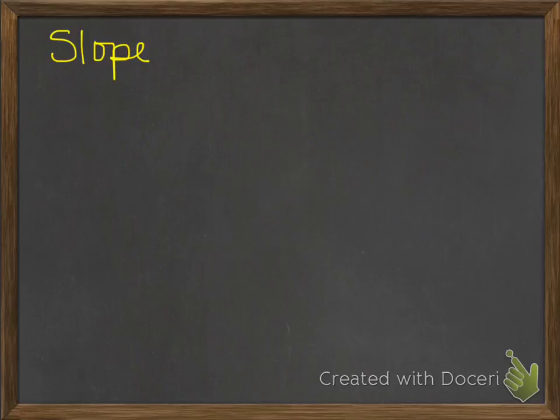Okay, I'd like you to find a clean place in your notes. We've already been using the slope formula. We've defined it, we've proved what it is, we've shown that it's well defined, that it's the same anywhere on the line. But when you look in other books for slope, you're going to find a little bit different notation. Generally, points on a line are given this type of notation.